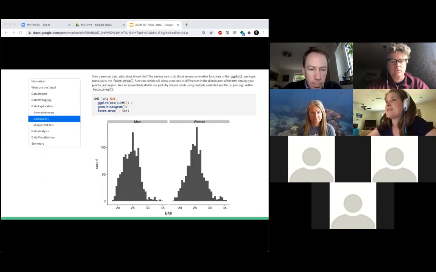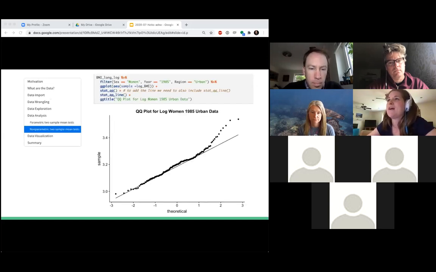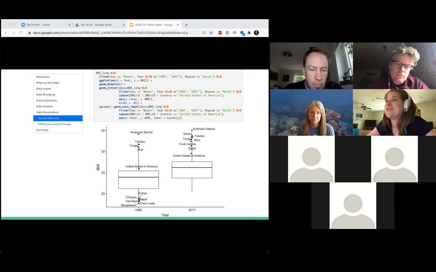We talk about, in this case study, distributions of data. So we talk about creating histograms and being able to figure out if your data follow particular distributions. For example, we can look at QQ plots, things like that. And you can start to see we're slowly building up to that main image that I hinted at the beginning by introducing box plots stratified by time.